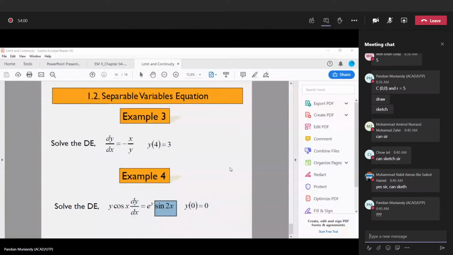So the answer is (y plus 1) divided by e^y because we do not want to write minus power e^y. We try to avoid minus power.